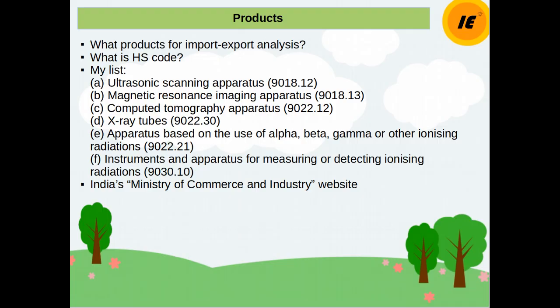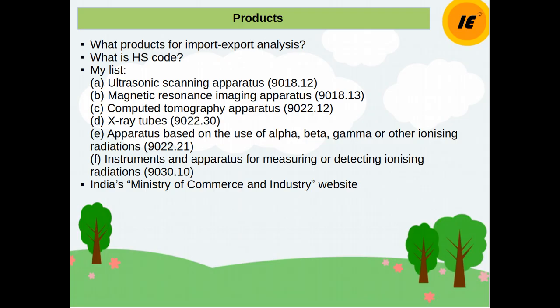So the first question is, as I said, what are the products that you want to, or I want to, do the import export analysis on. Since I work in medical imaging, specifically radiation based medical imaging, I could choose a very specific thing, but it won't be easy to get the exact data for that, or at least that is my perception right now.